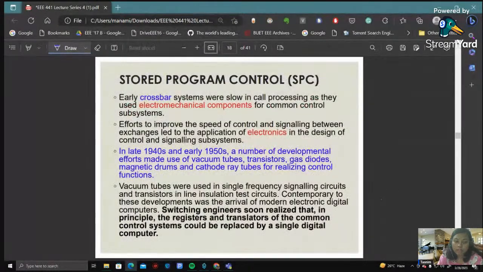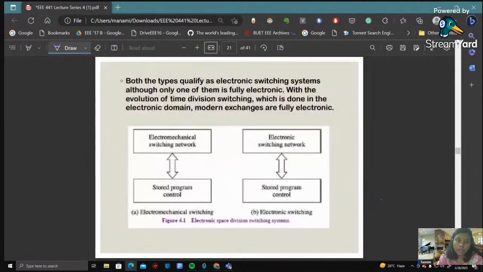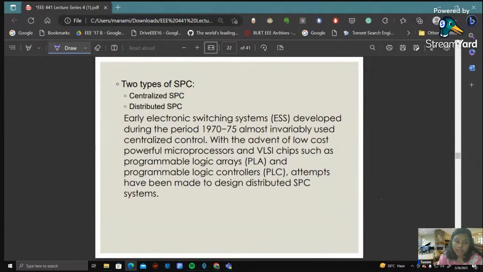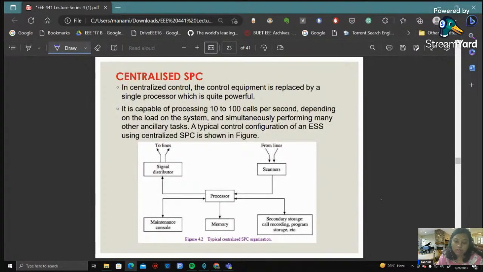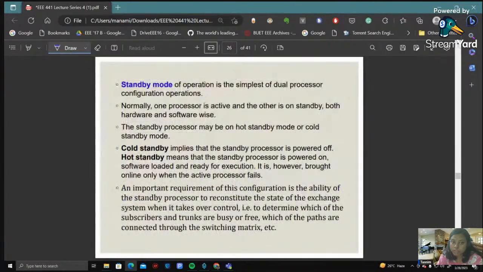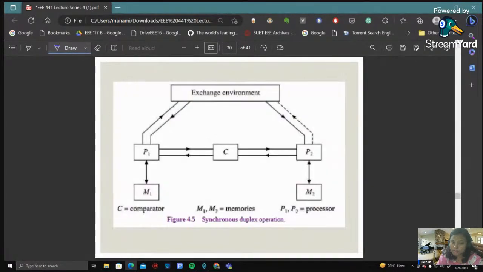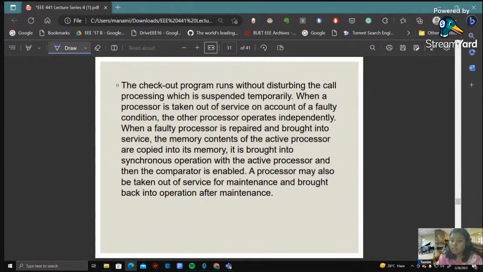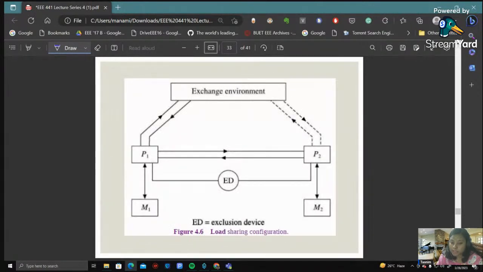And then we have stored program control, which is SPC. Up next, we will have centralized SPC and distributed SPC, and we will go through more details of centralized SPC and later distributed SPC.